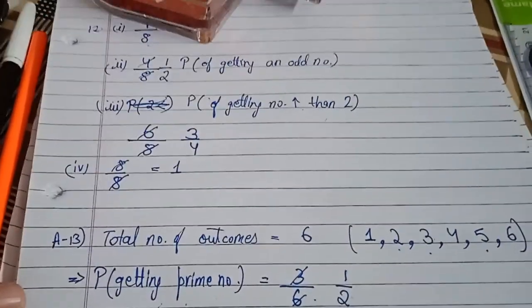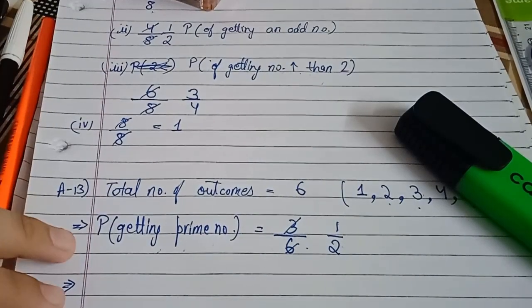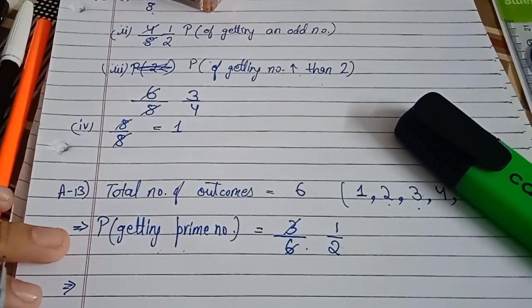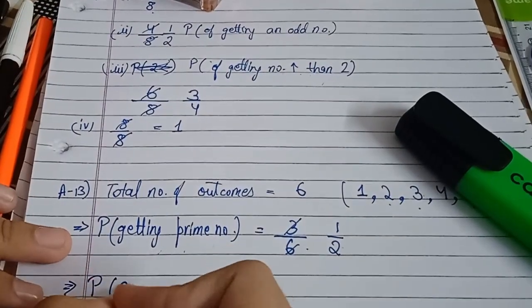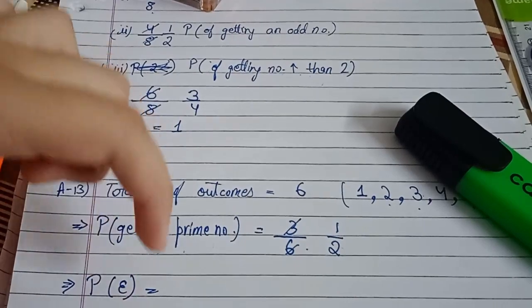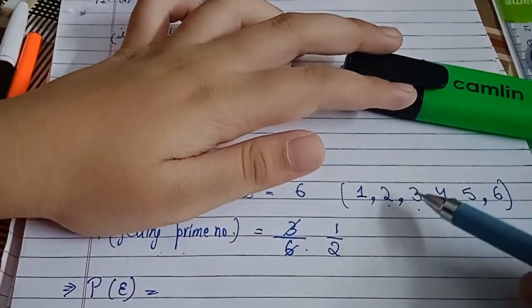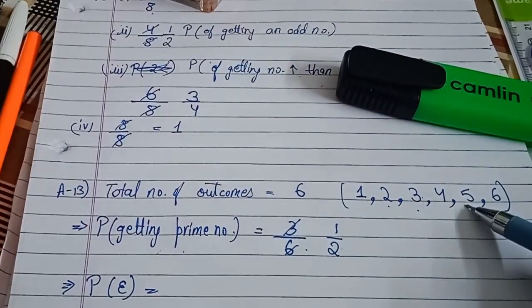The second part of the same question is a number lying between 2 and 6. So probability of a number lying between 2 and 6. How many are there? 3, 4, 5.